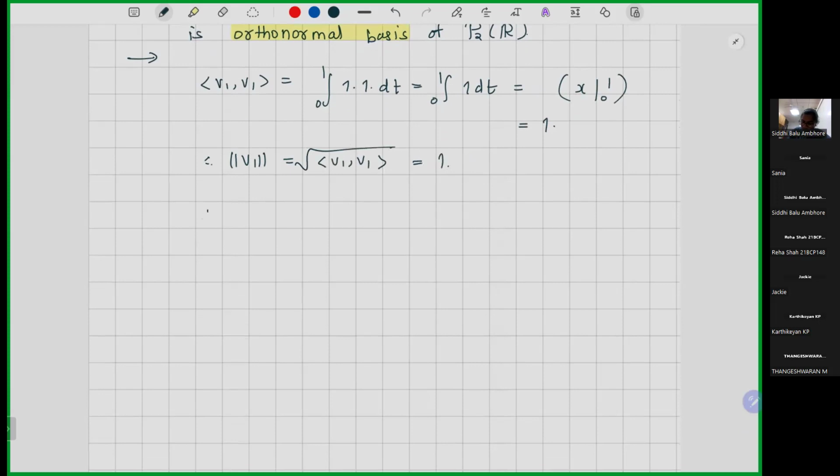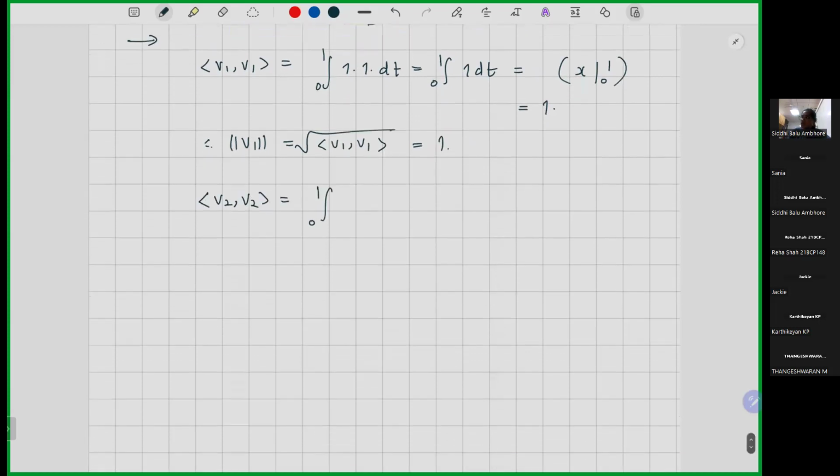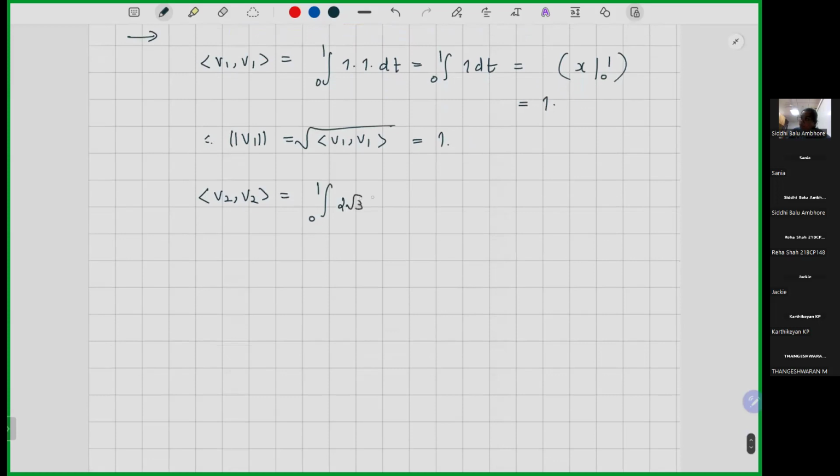which is 1. And now V2 comma V2 is integration 0 to 1, 2 root 3 x minus 1 by 2, 2 root 3 x minus 1 by 2. I'm just following, it's not x, here it is t, here also it is t.